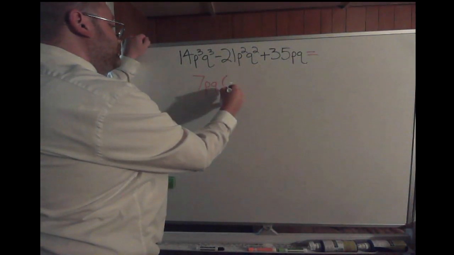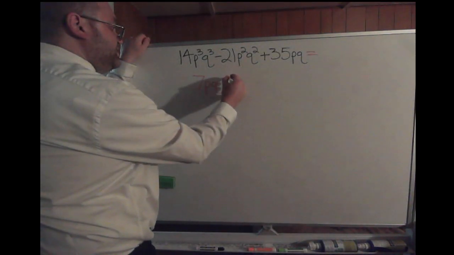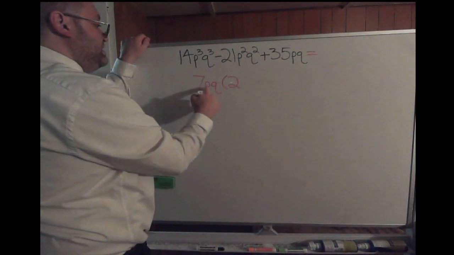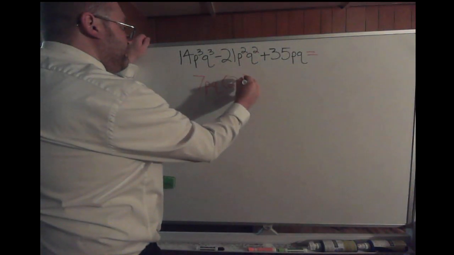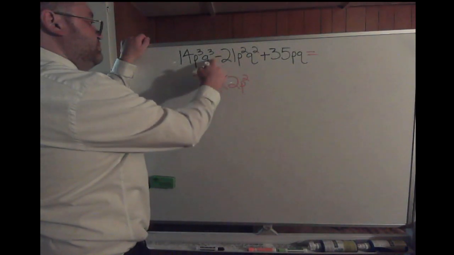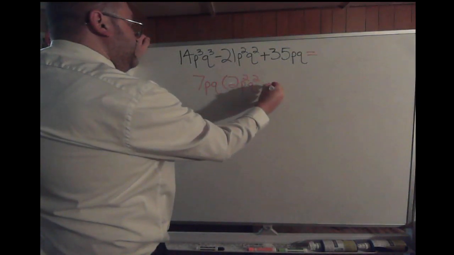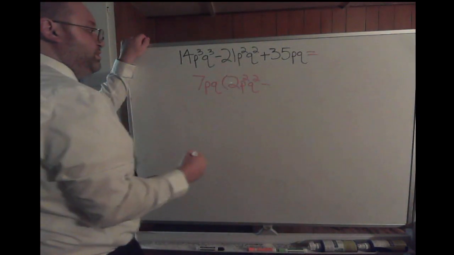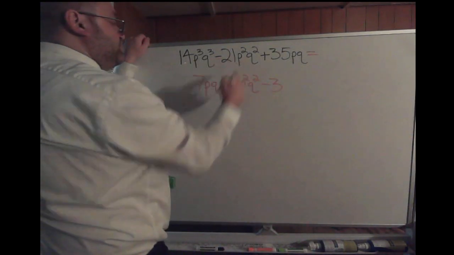Now form your parentheses. 7 times what equals 14? That'd be 2. Then p times what equals p to the third? That'd be p to the second. Then q times what equals q to the third? Well, that'd be q to the second. Minus 7 times what equals 21? That'd be 3. P times what equals p to the second?